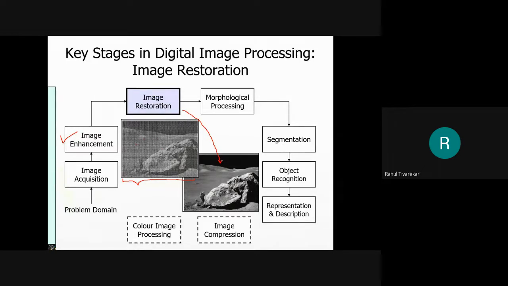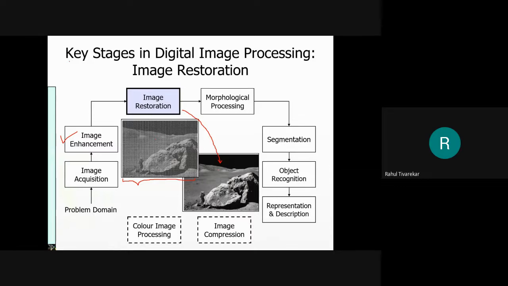The horizontal and vertical lines are completely removed. So this image is not only restored, but it is also enhanced, because the restoration stage follows the enhancement stage. First it is enhanced, then it is restored, and then it looks like this.